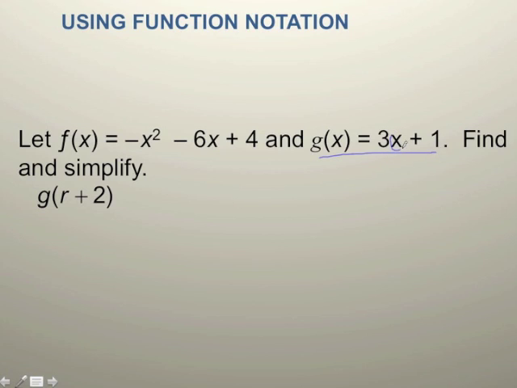So in place of the x, in this case, I'm finding g of r plus 2. I'll put an r plus 2. So this equals 3 times r plus 2, plus 1. So we found it, and then it does say to simplify. So we would have 3r plus 6 plus 1, or 3r plus 7.